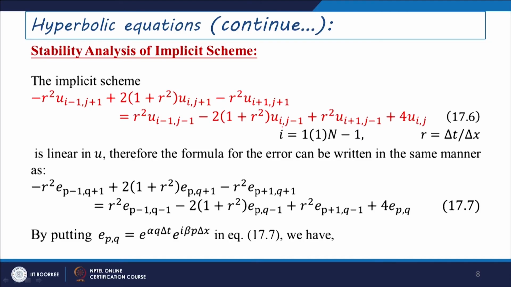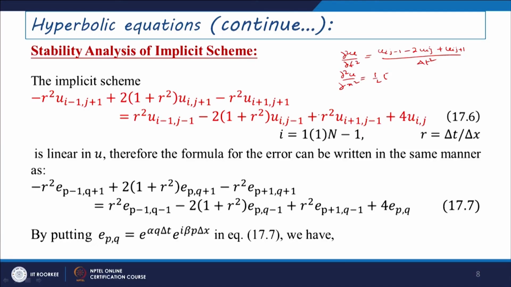Especially what we are doing in the implicit scheme is considering the central difference approximation for the time derivative, that is nothing but u i j minus 1 minus 2 u i j plus u i j plus 1 by del t square, and for the space derivative we are considering the average of the derivatives at the i j minus 1th level and the i j plus 1 level.